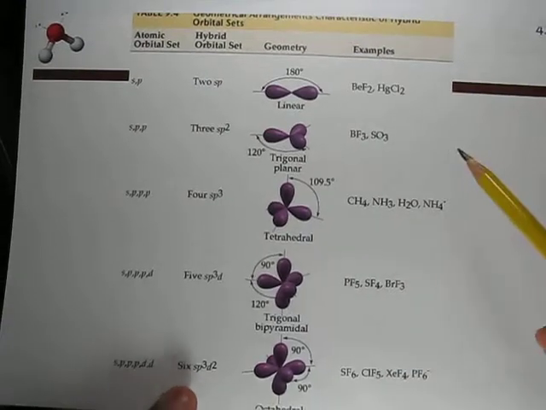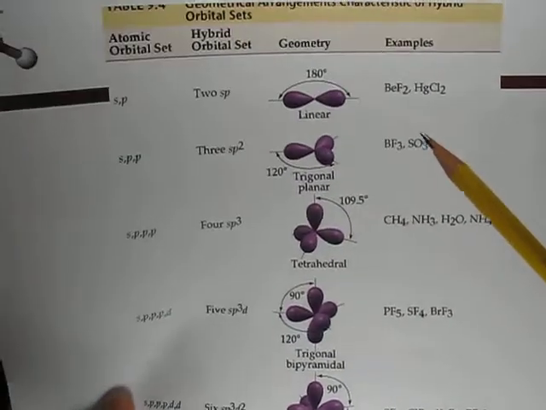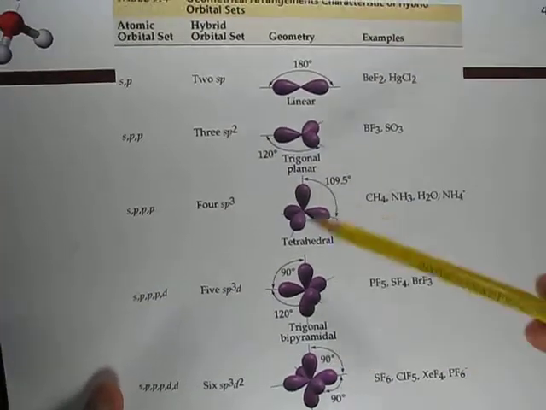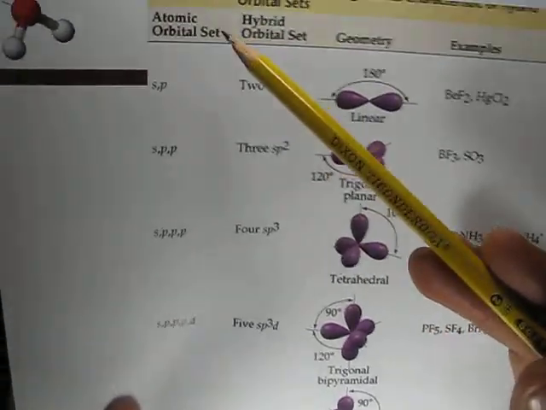Let's see one more table regarding hybridization. This table is from the book, and you can also memorize through this table. These pictures show the electron pair geometry and atomic orbital set.